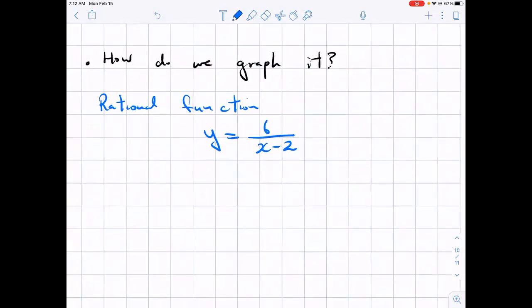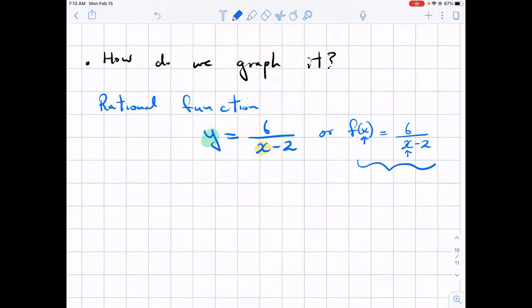And as we said, since this is a function of x, we can also write this as f of x equals 6 over x minus 2. This is what you will see more of rather than y equals.